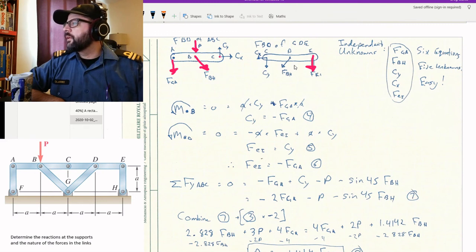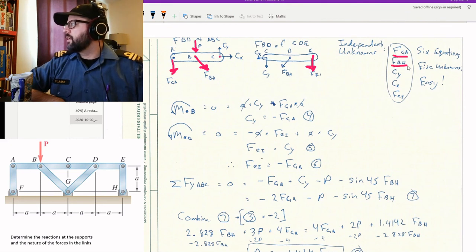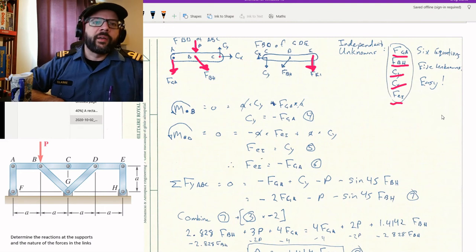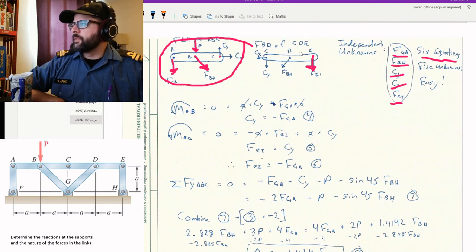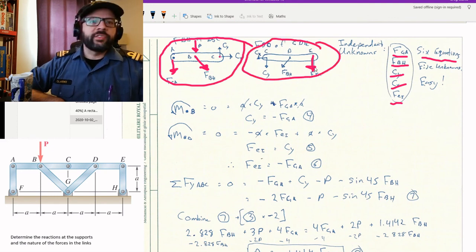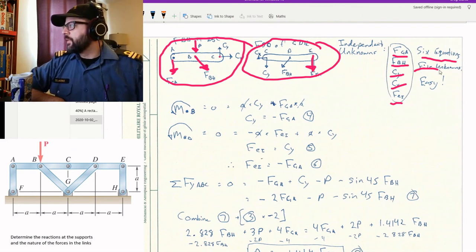Listing off our independent unknowns, we've got FGA, FBH, CY, CX, and FEI. We've got 6 equations we can use to solve them because we've got free body diagrams that we can take of two separate bodies, separate but related, and 5 unknowns.